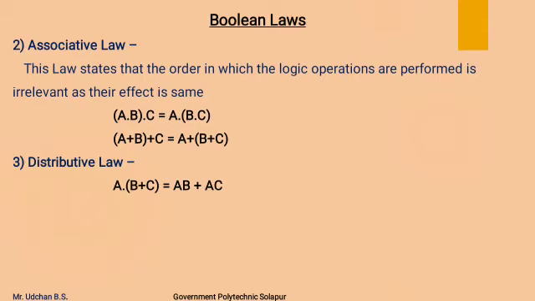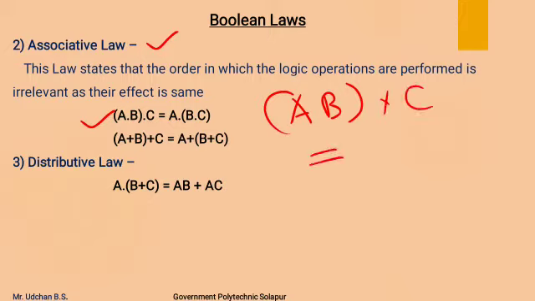The second is the associative law. This law states that the order in which the logic operations are performed is irrelevant, as their effect is the same. In the first example, a into b operation is performed first, which is again multiplied by c, which is equivalent to a multiplied with b into c.